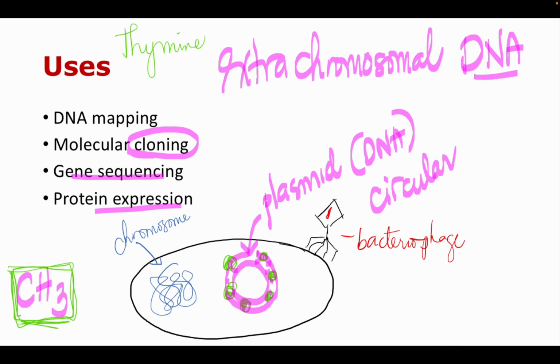A bacteriophage is a virus infecting bacteria. Once the bacteriophage infects the bacterial cell, it will inject its genetic material, so the genetic material of the bacteriophage will be injected inside the host cell. This is also, for example, a DNA.